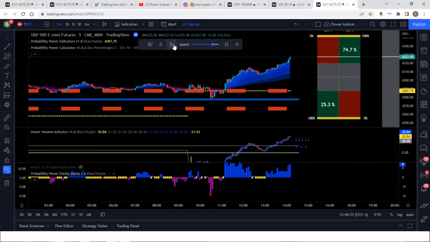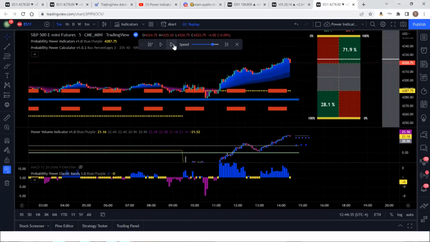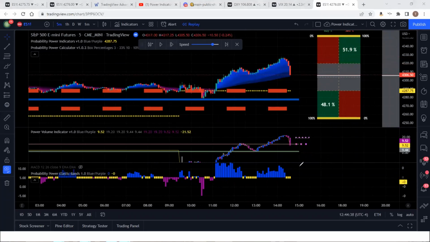However, when I advance it a couple more, VI starts to roll over and go down. And you can see the cloud turn from blue to purple. And the elastic bands turn from blue to neutral. So now we're getting more of an indication of price going down, more of a signal from synergy of all of the tools telling us that that's a good place to take a short.